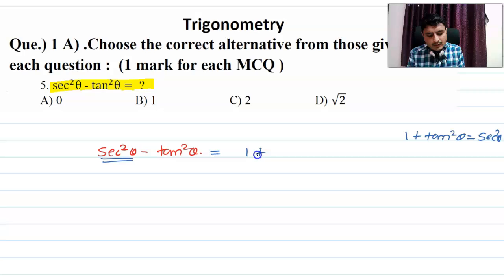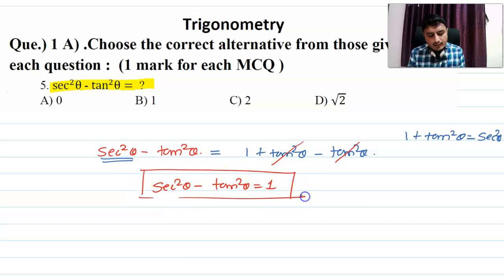We have 1 plus tan square of theta, and minus tan square of theta remains as it is. Now tan square of theta with plus sign and with minus sign gets cancelled and gives us a 0. So the value of sec square of theta minus tan square of theta is equal to 1. So the correct choice is B, 1. The value of sec square theta minus tan square of theta is equal to 1.